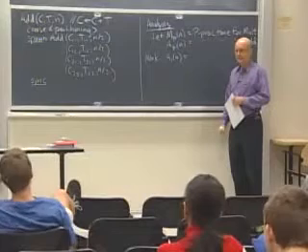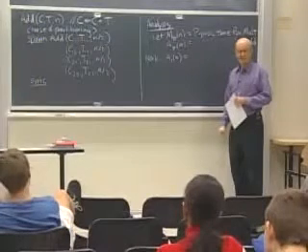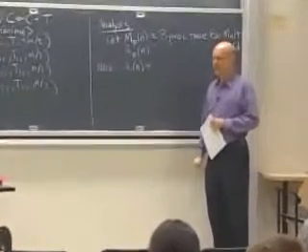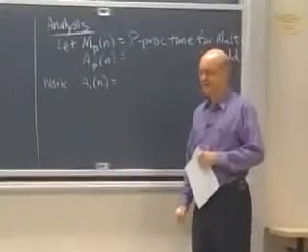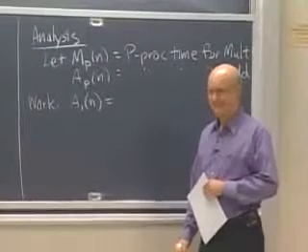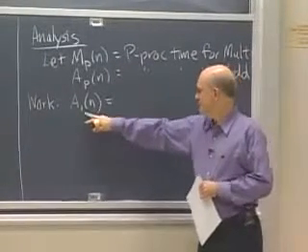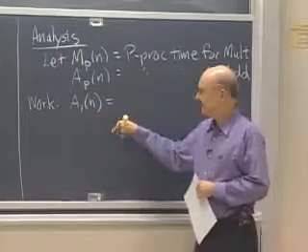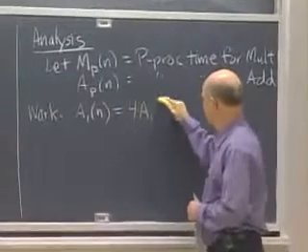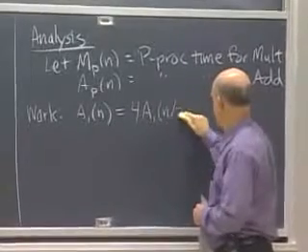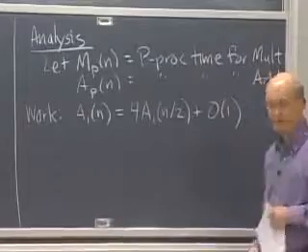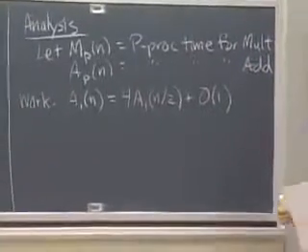This is lecture 1, actually. This is like lecture 2, or at worst, lecture 3. A1 of n equals 4 A1 of n over 2, plus order 1, right. Okay, that's right.